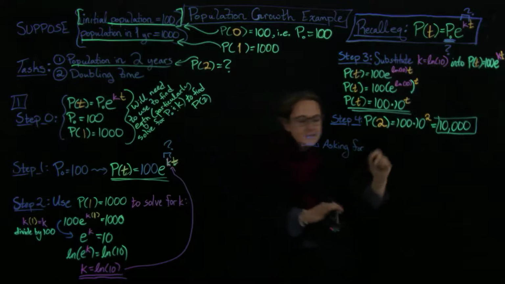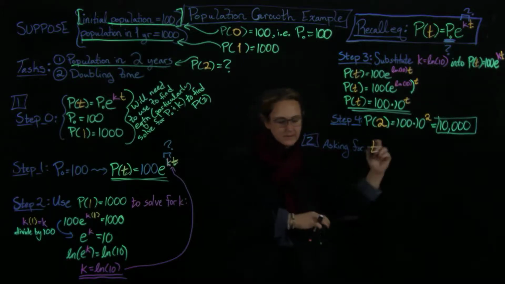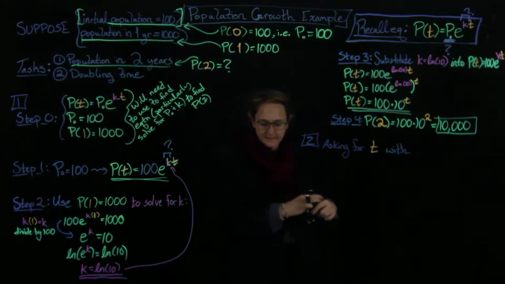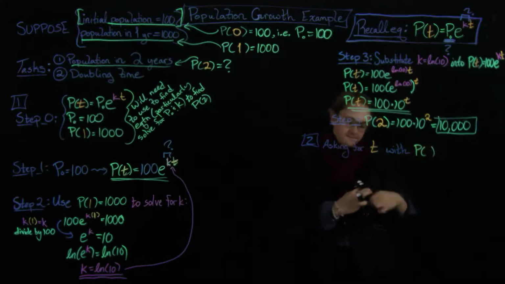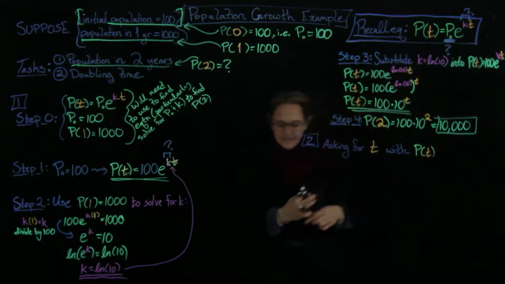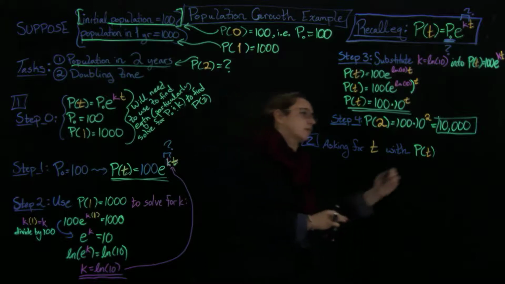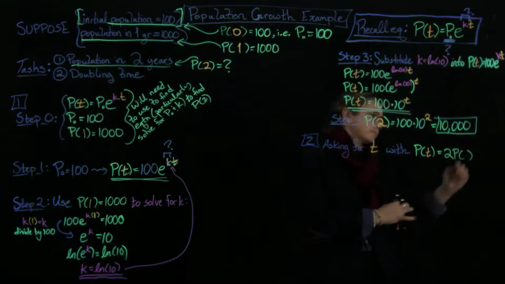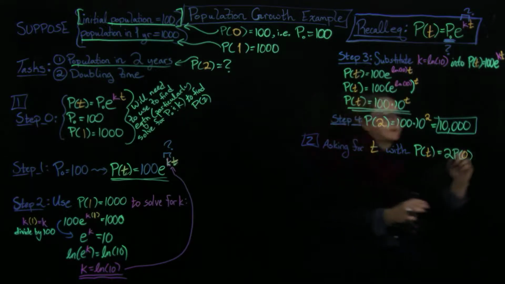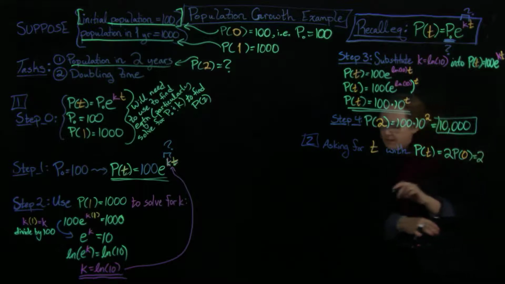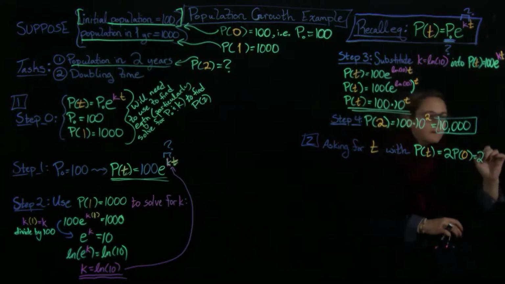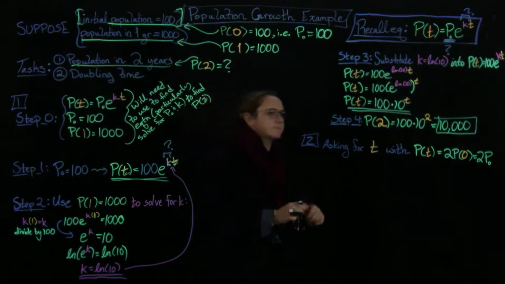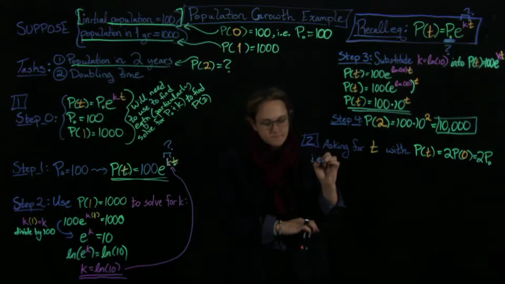It's asking for the t where we're going to have that P of t equals twice P of 0, which is just 2 P naught.